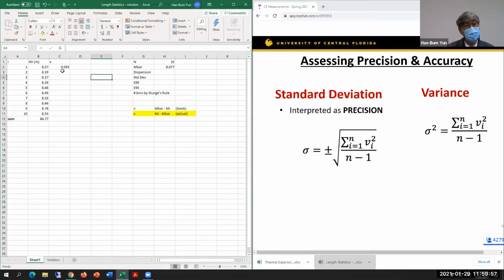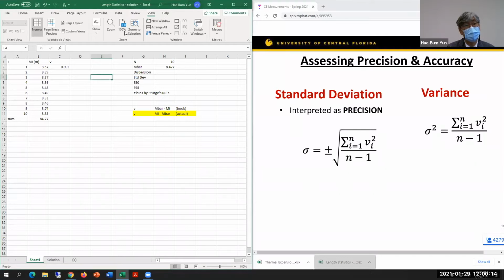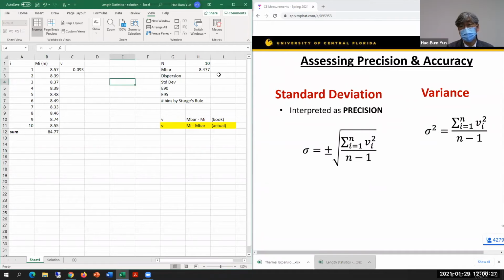And the residual of the first one becomes 0.093. Let's make it a little bigger so that you can see better. Okay. Then I will drag it down.